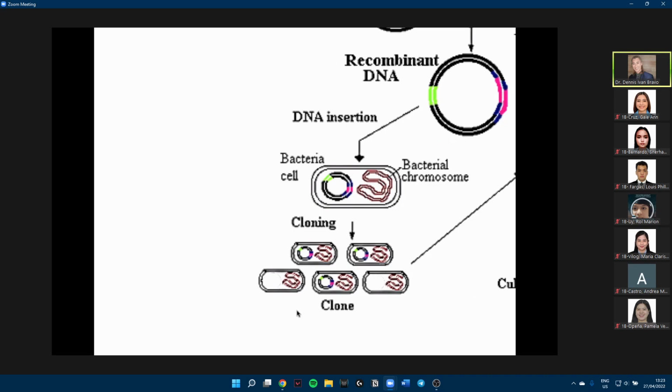Now, some microorganisms are successful in being transformed in that they are able to take in the plasmid, just like students in a classroom who are able to imbibe the lesson of the lecture. And then there are microorganisms that fail to take in the plasmid, like students who fail to take in the lessons of the lecture.